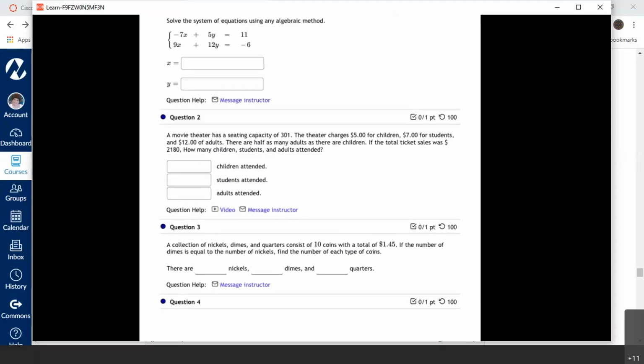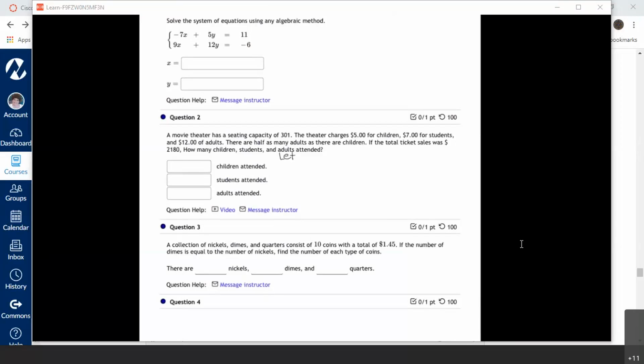The very first thing you need to recognize is how many variables you have here. In number 2, how many variables are there? I'm asking you. 3. Okay. You've got students, children, and adults. So the first thing you want to do is choose your variables.